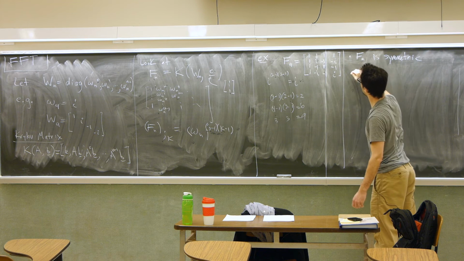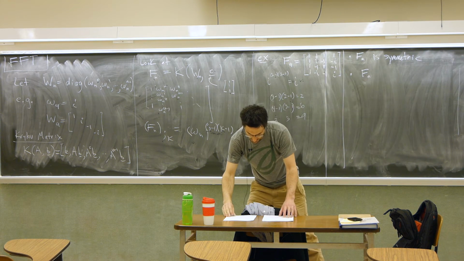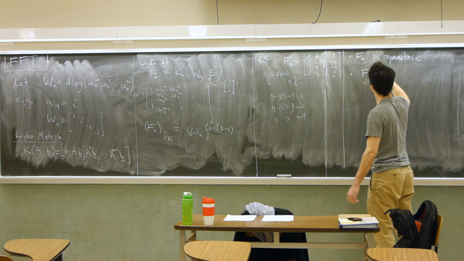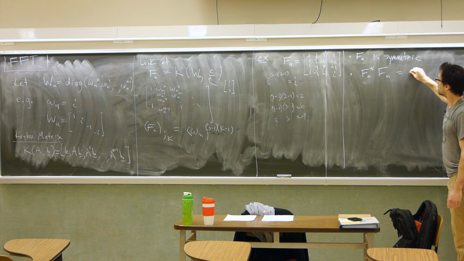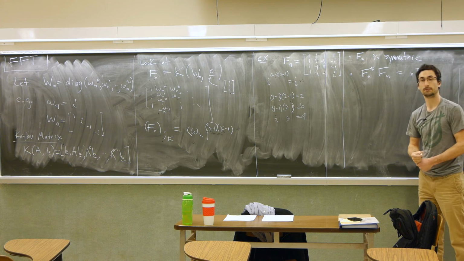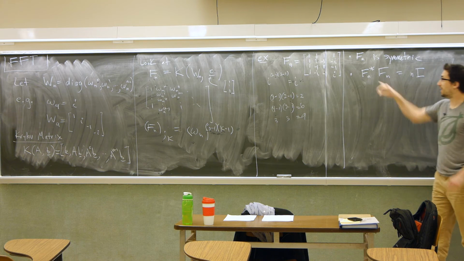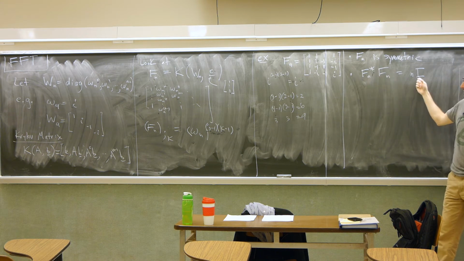And even more importantly, how do I want to phrase this so it's easier to prove? This is its most important property. It's not quite unitary, but it almost is unitary. When you multiply Fn by its own conjugate transpose, you get n times the identity.